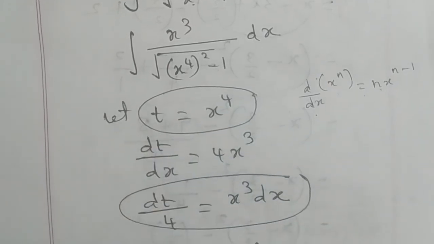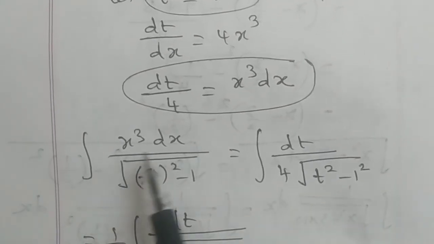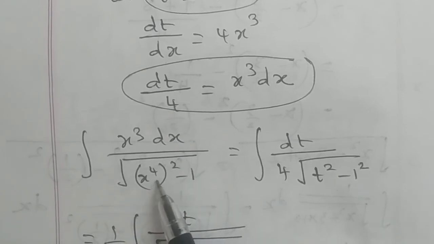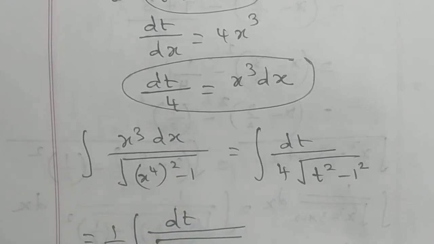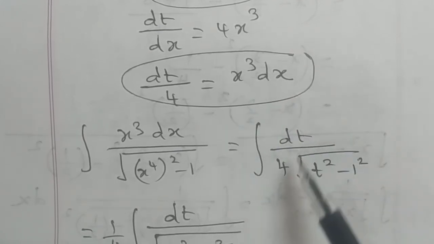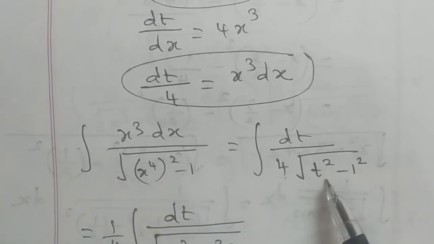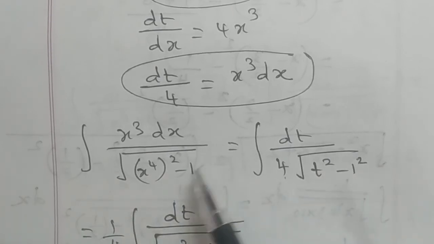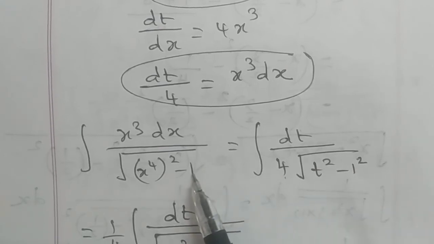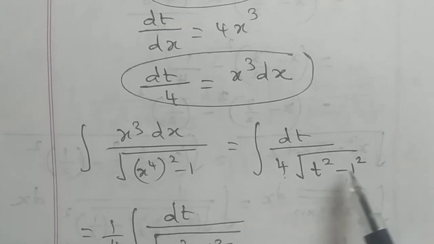Substitute the value. We get the value for integral of x cube into dx divided by square root of (x to the power 4) whole square minus 1. So x cube into dx is dt by 4. Remaining term, square root of t square minus 1. 1 can be easily written in the form of square, 1 square. 1 square, what is the value? 1 only.